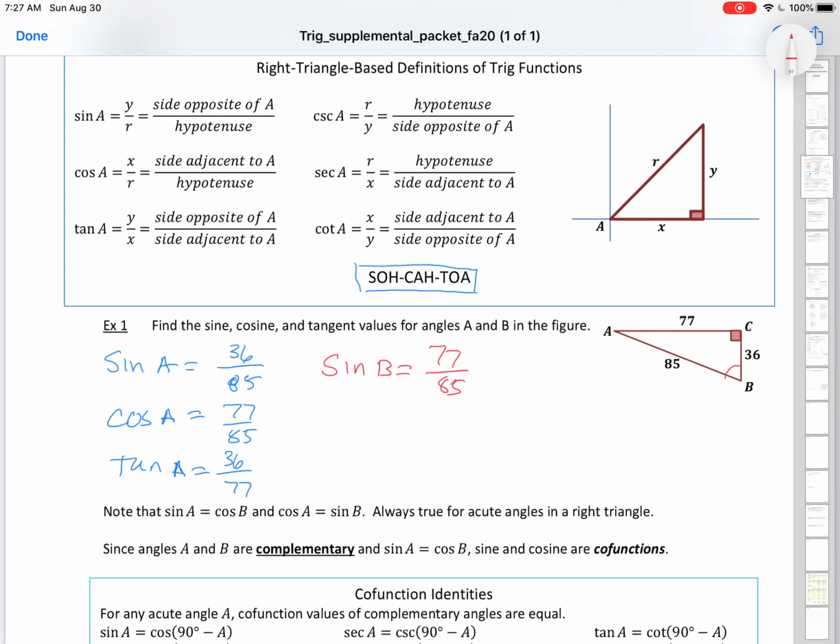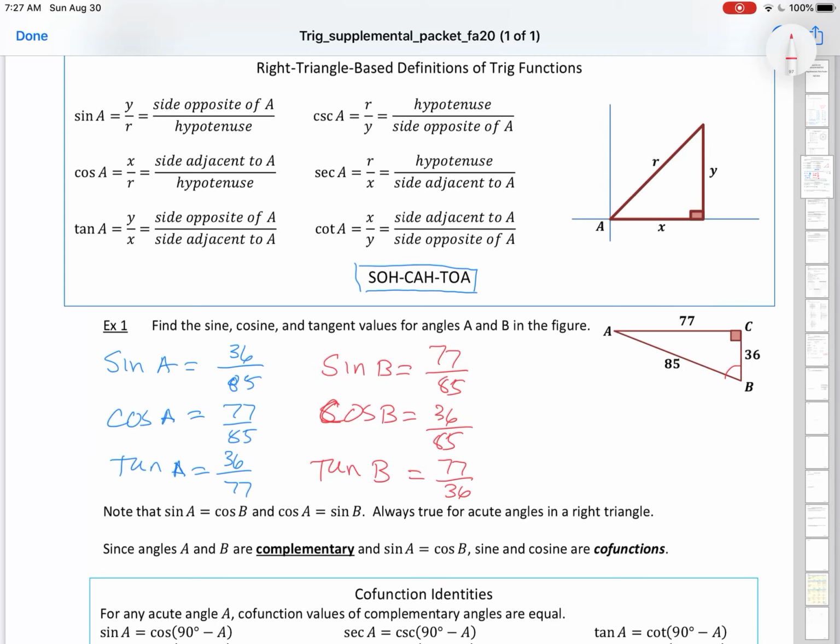It's one of the reasons why cosine is called cosine, because it's a cofunction, which we'll define in just a moment. Cosine of B is adjacent, which is 36 over 85. And notice the sine of A and cosine of B are the same. Then the tangent of angle B is equal to opposite over adjacent, and we're finished.